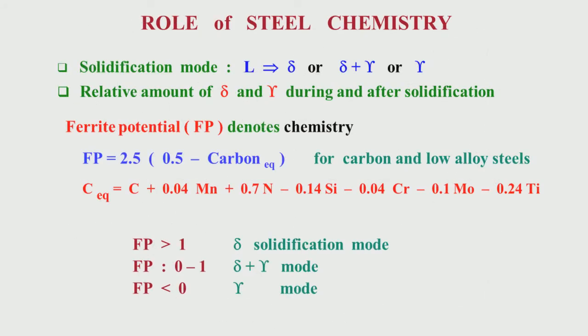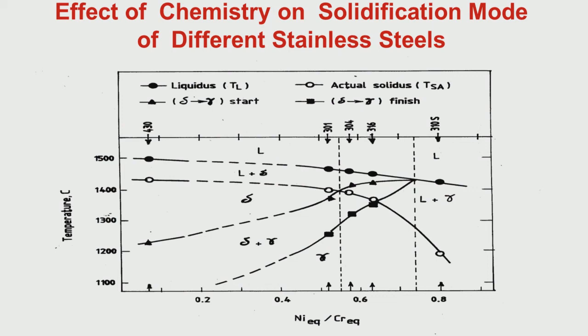Then I have told for stainless steel, the iron carbon diagram cannot indicate the sequence of solidification. So, we must have a different diagram where instead of carbon equivalent, we have this ratio, nickel equivalent by chromium equivalent. The more austenitic the solidification, the higher the nickel equivalent by chromium equivalent.